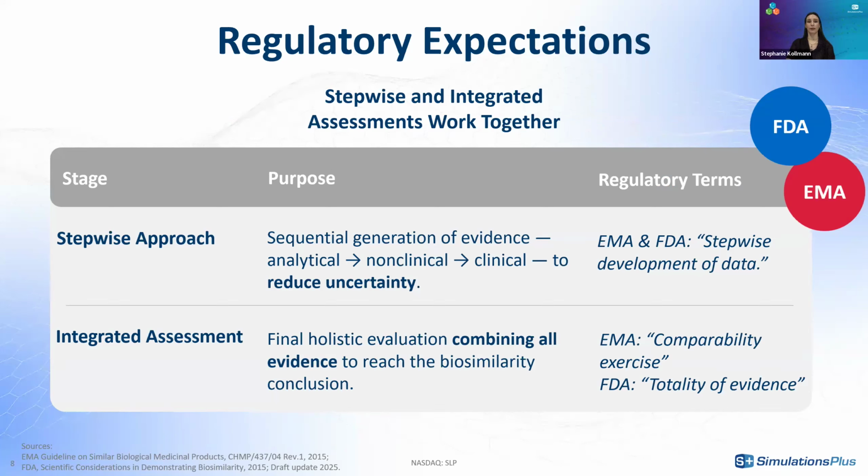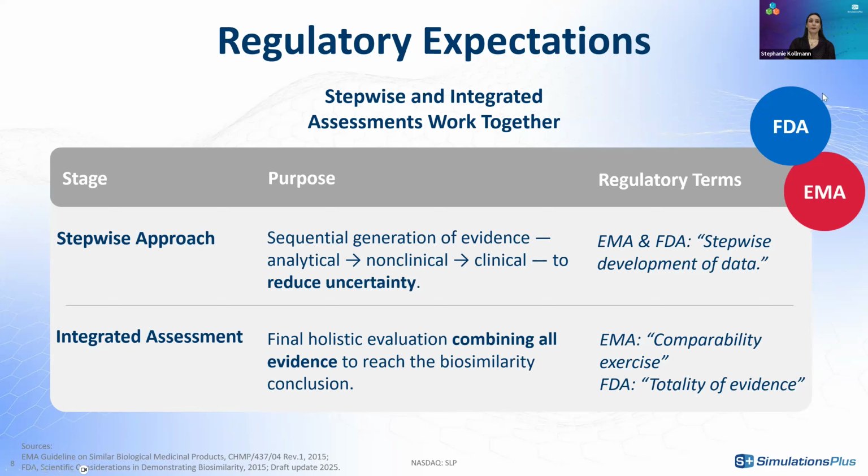So regulators bring all the data together to make one overall conclusion on biosimilarity. EMA refers to this as the comparability exercise, and FDA calls it the totality of evidence, but scientifically they describe the same principle. Evidence is built stepwise and then integrated into a unified decision.